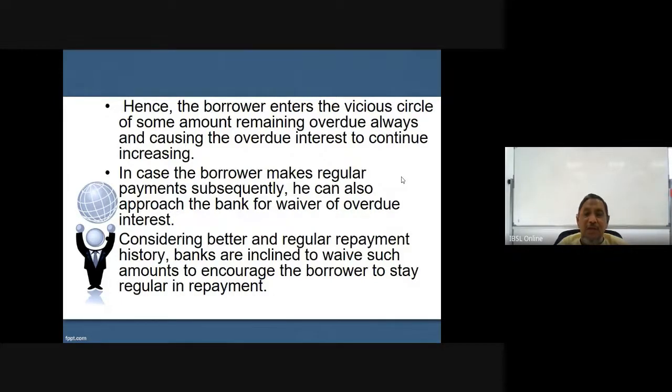Considering better and regular repayment history, banks are inclined to waive such amounts to encourage the borrower to stay regular in repayment. Depending on the customer's background, the circumstances under which the customer defaulted, and whether the bank can afford to give interest waivers, the bank may consider that to encourage the customer to continue with his business.